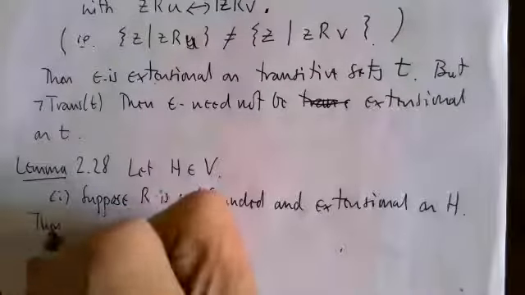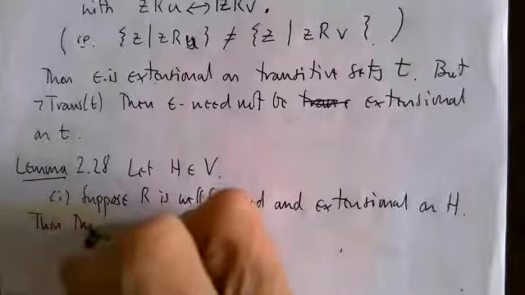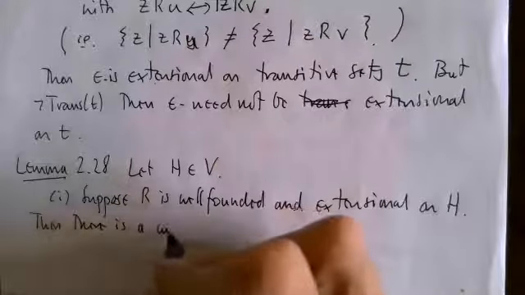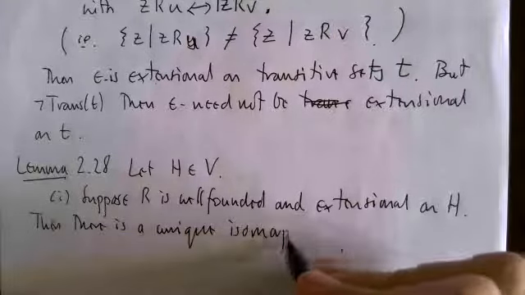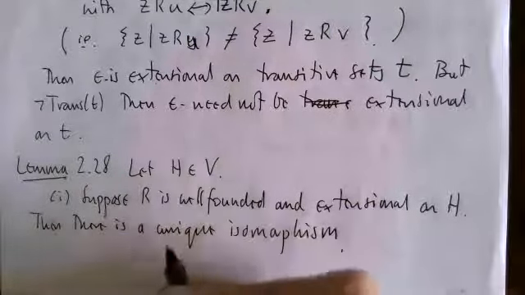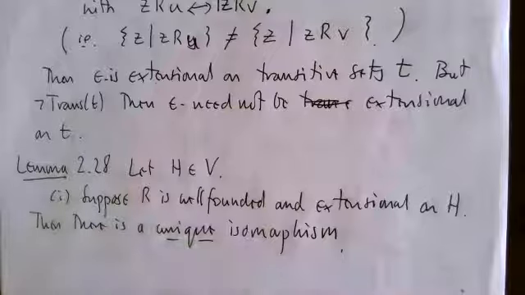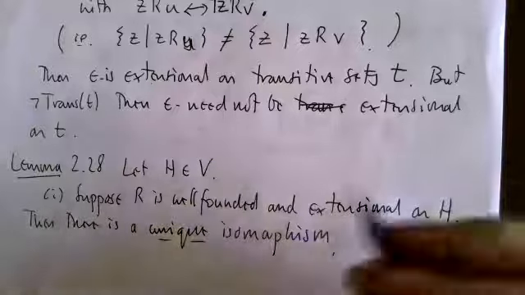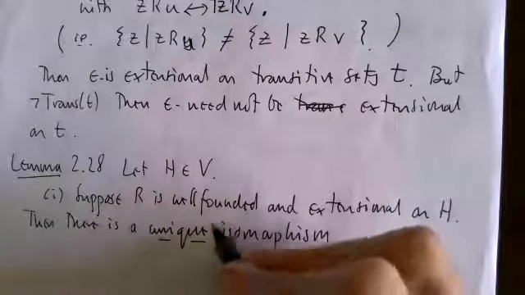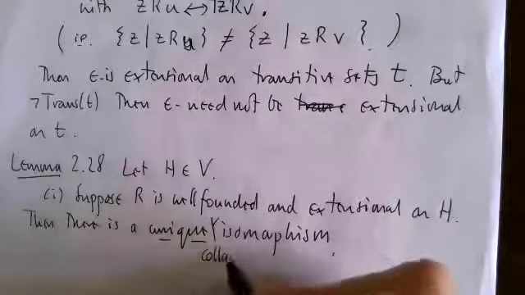Then the conclusion is there is a unique isomorphism. So it's not just an isomorphism, there's only one. And it's called a collapsing isomorphism.